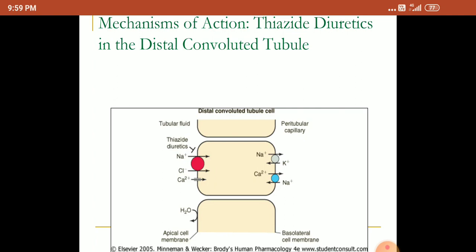It is not allowing sodium to come to the level of the distal convoluted tubule, and hence there is a reduction of tubular fluid volume. Now, an isotonic tubular fluid is carried to the distal convoluted tubule, that is low volume and less dilute tubular fluid, as sodium cannot be reabsorbed at the distal convoluted tubule due to the presence of thiazide. So, what happened? The urine volume is reduced.